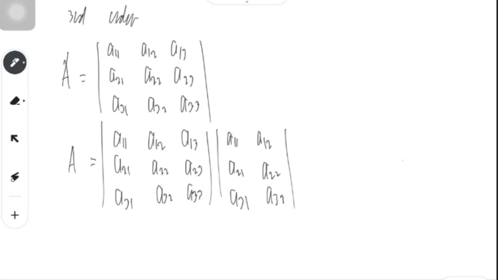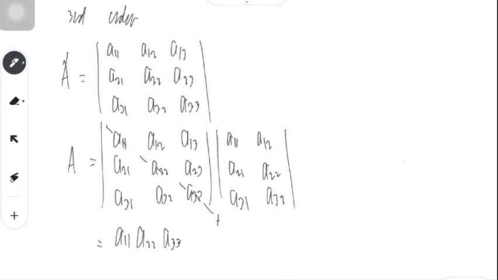Again, downward direction is positive. Ito. That is considered as positive. So the result is we have A11 times A22, then A33.